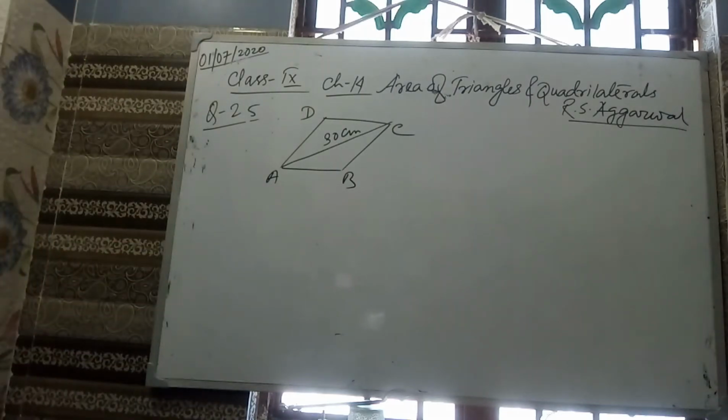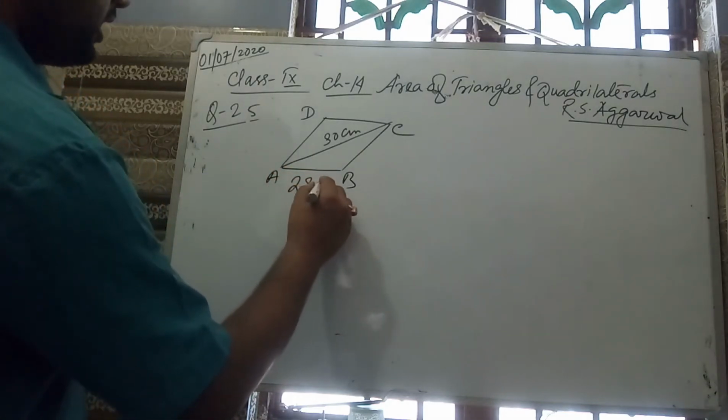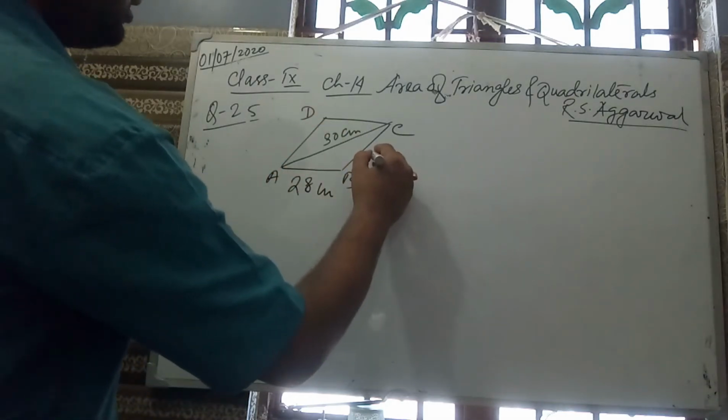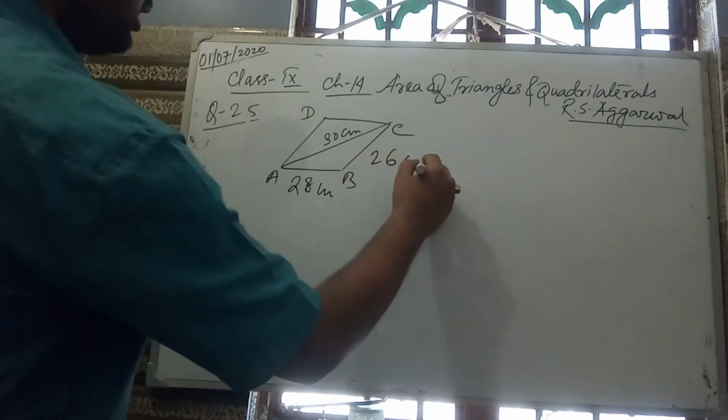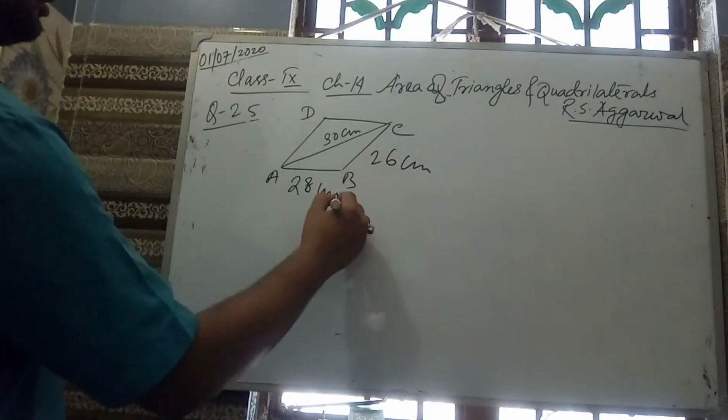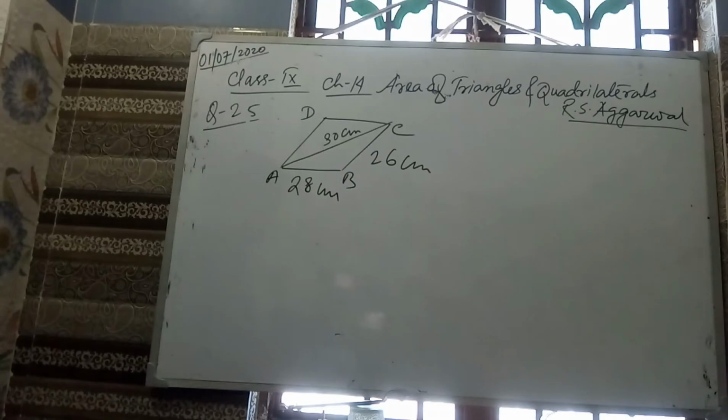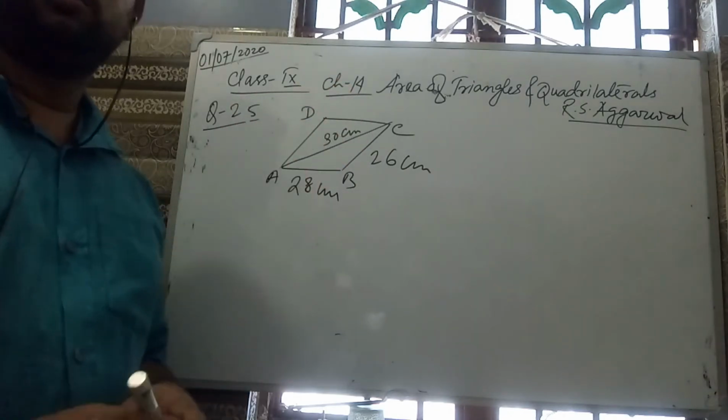AB equal to 28 centimeter. This is 28 centimeter and this is 26 centimeter. Okay. You have to find out area of this parallelogram.